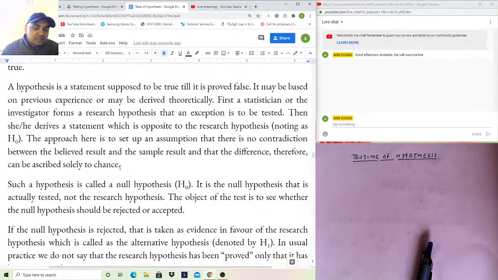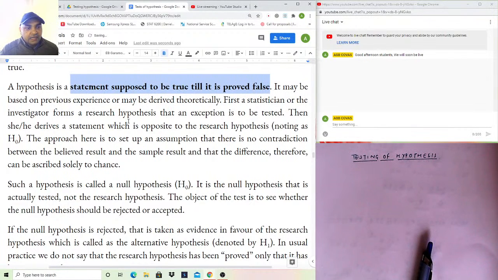A hypothesis is a statement supposed to be true till it is proved false. It may be based on previous experience or may be derived theoretically. First, a statistician or an investigator forms a research hypothesis.